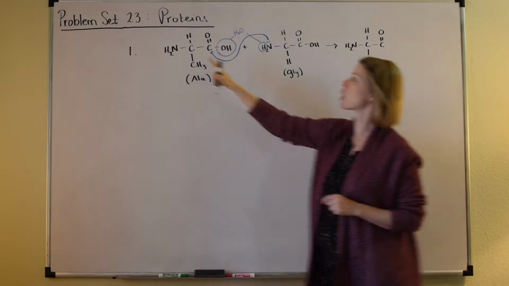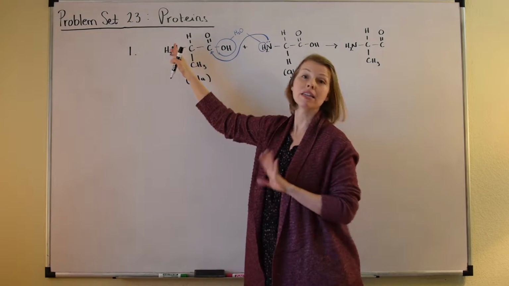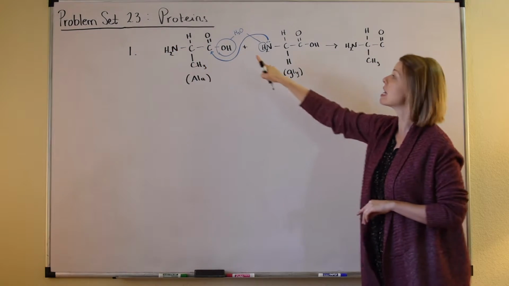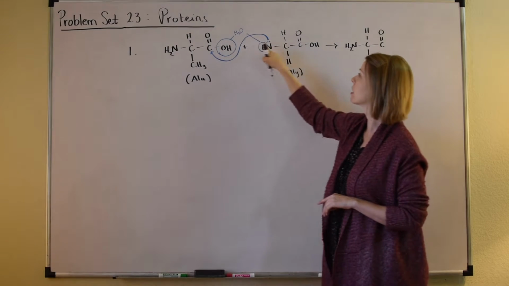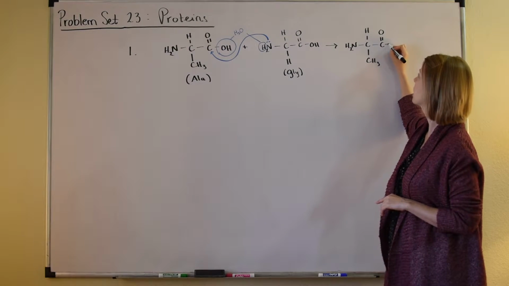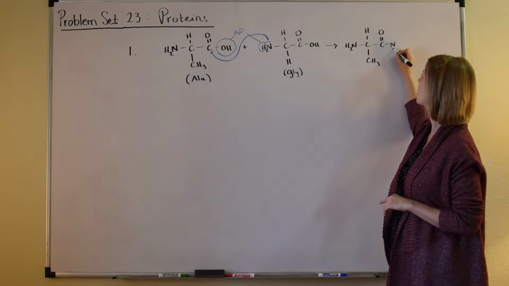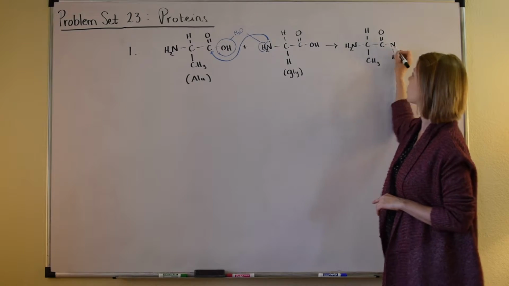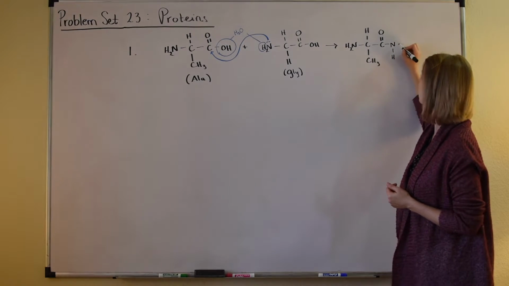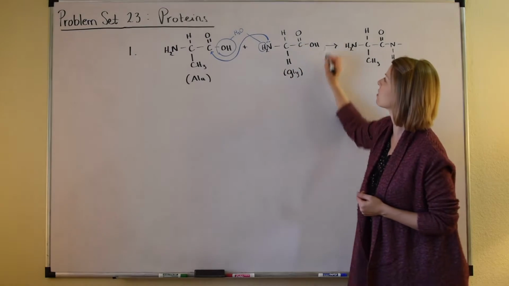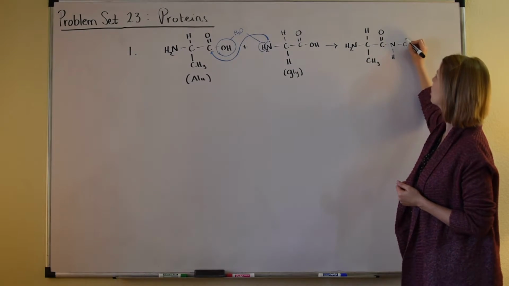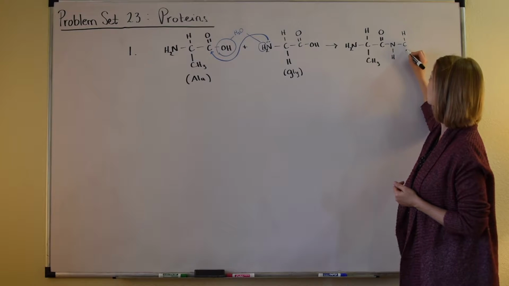Okay, so notice I just copied all this down. None of those bonds changed. Now I'm to the new bond between the carbonyl and the nitrogen, which is my peptide bond. And then the rest of this molecule is unchanged, so I just copy it over here.